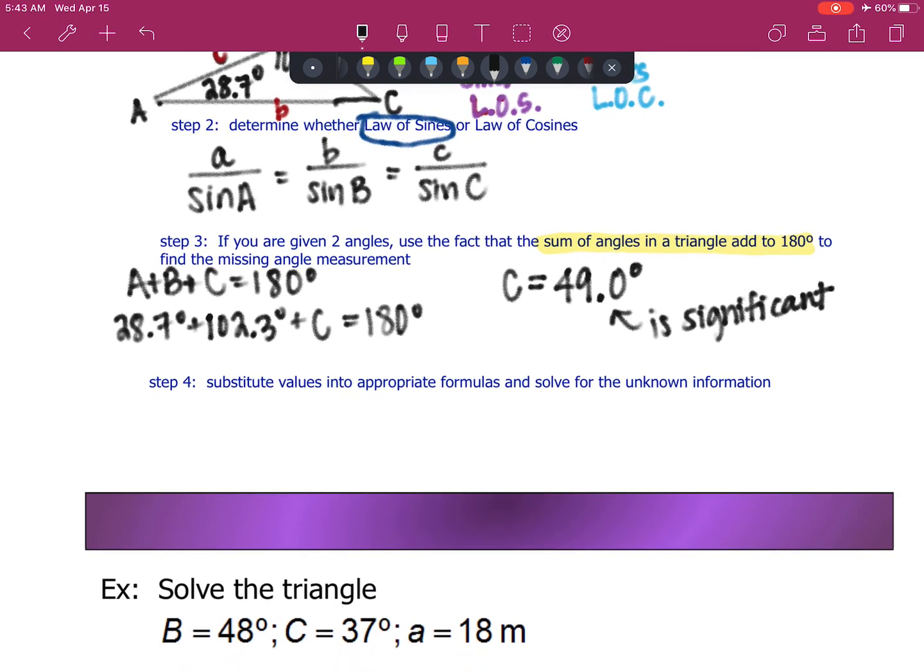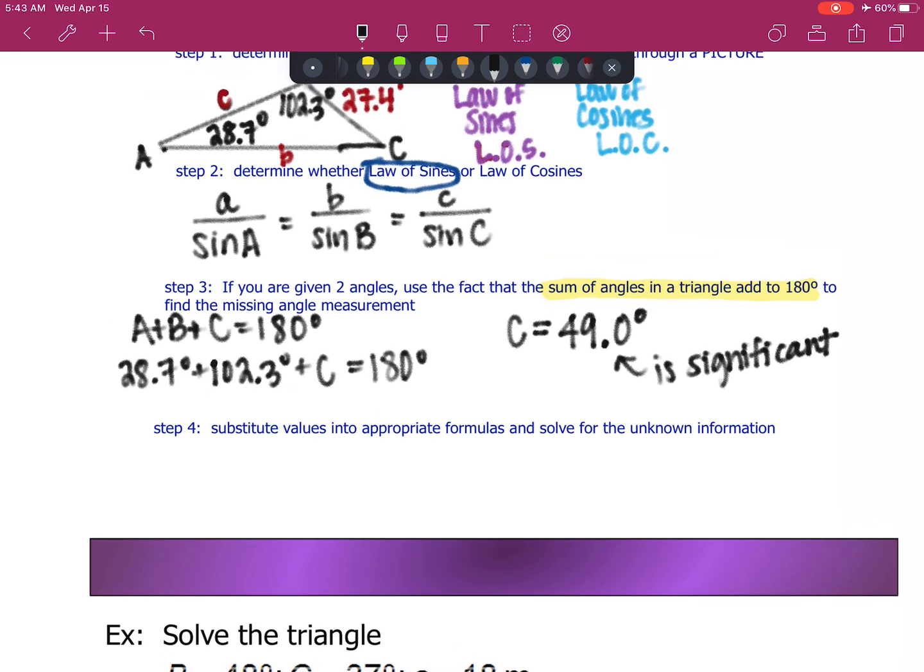Now we're going to substitute values into appropriate formulas and solve for the unknown information. So side length A was given. Side length A is 27.4 feet. And I'm dividing that by the sine of angle A, which is 28.7 degrees.